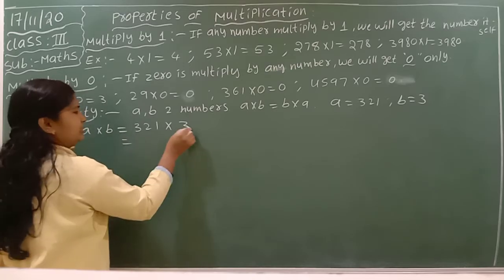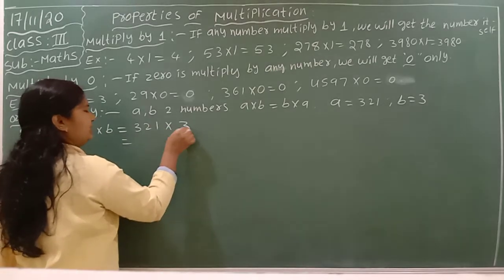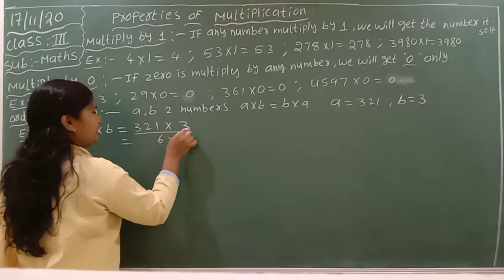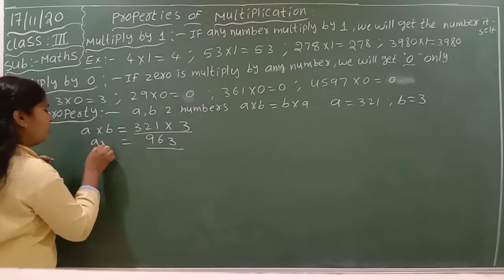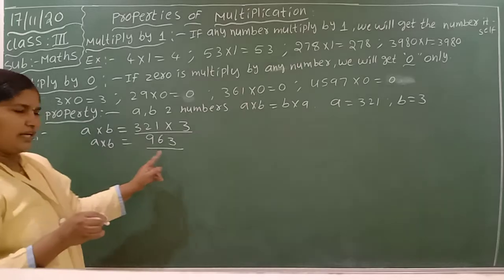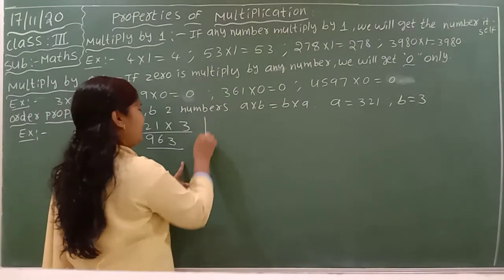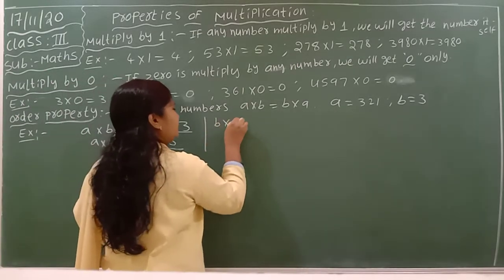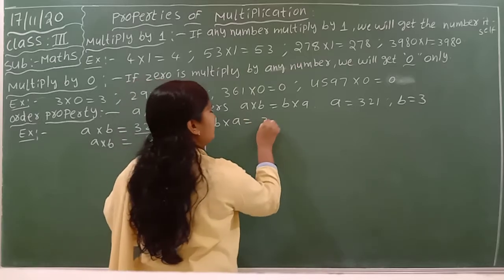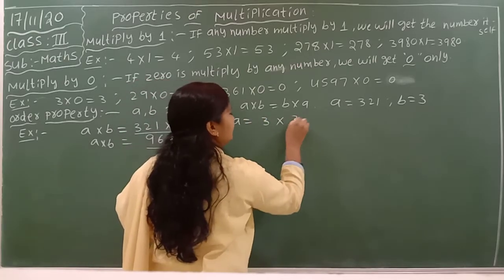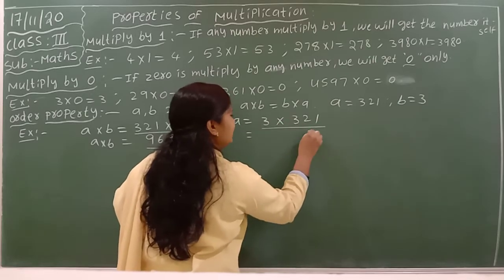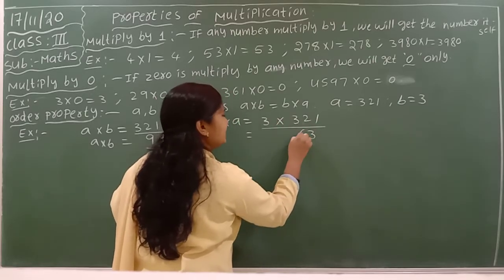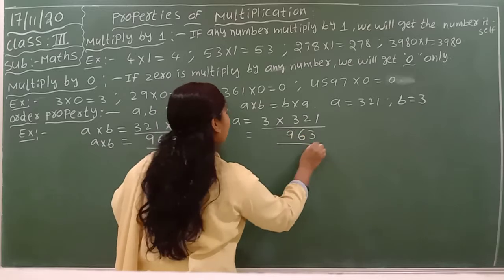Now you can see 3 ones 3, 3 twos 6, 3 threes 9. A into b is equal to how much you will get? 963. Same. b into a is equal to, b means 3 into 321. Here also 1 three 3, 2 threes 6, 3 threes 9.